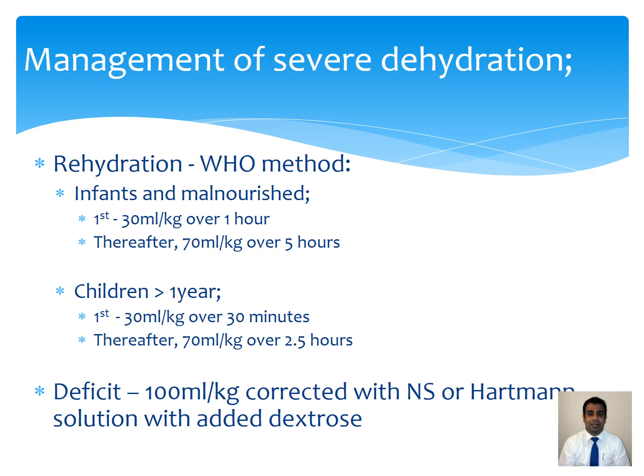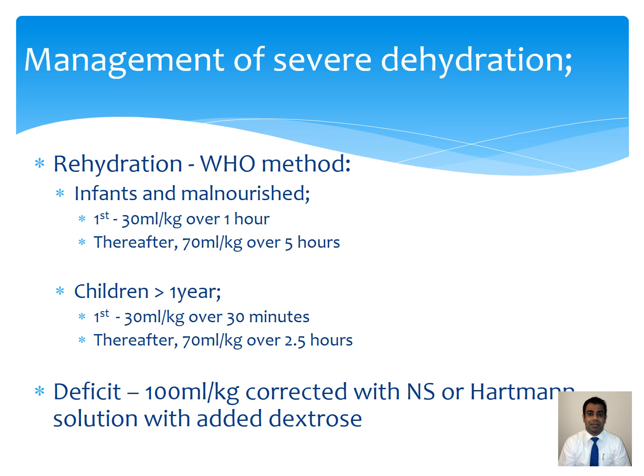If the child is over 1 year and obviously is not malnourished, the first 30 ml per kg of the 100 ml per kg total volume or deficit correction should occur over 30 minutes, and thereafter the subsequent 70 ml per kg should occur over 2.5 hours.